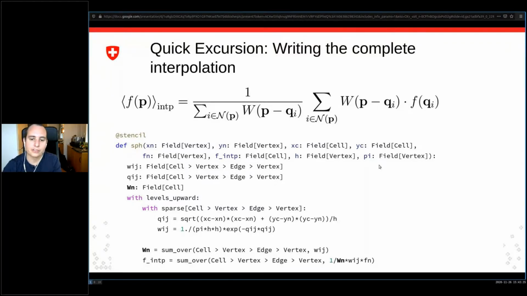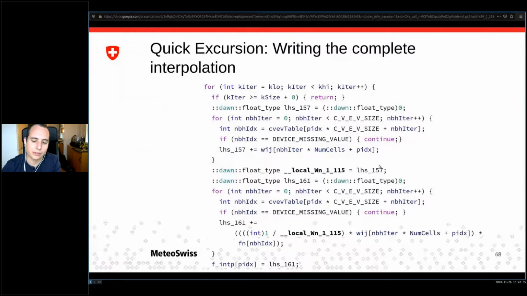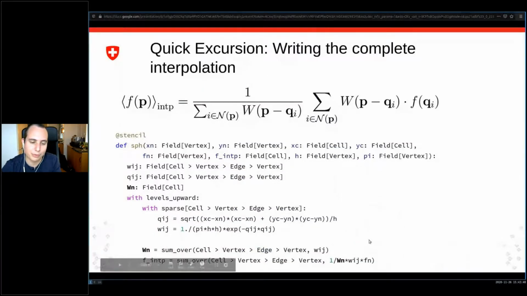And here on the next slide, we can see something else, which is maybe worth demonstrating in Dawn. We have this intermediary field on a cell, but it turns out this field is never at rest horizontally offset. We never look at neighbors in that field. So what this means is that from the perspective of a single thread, this doesn't even need to be a field.